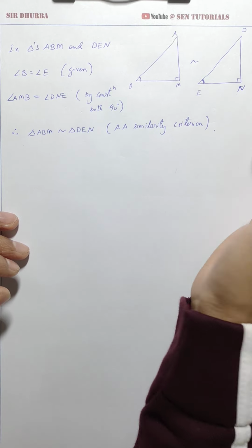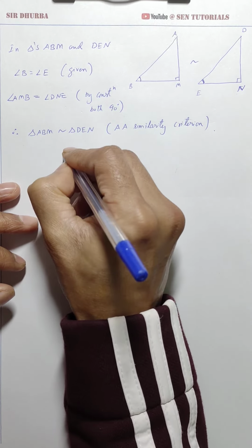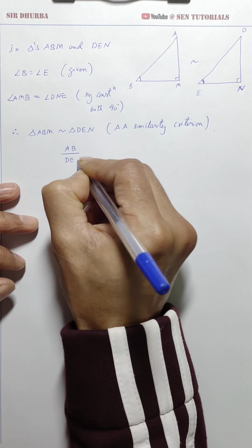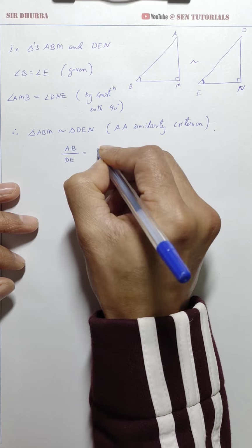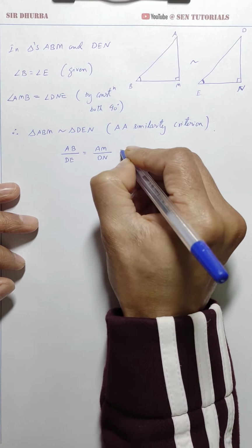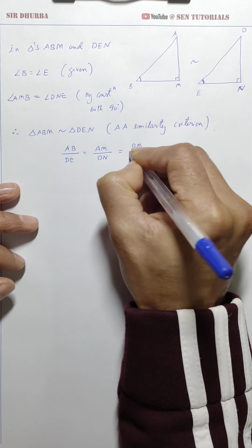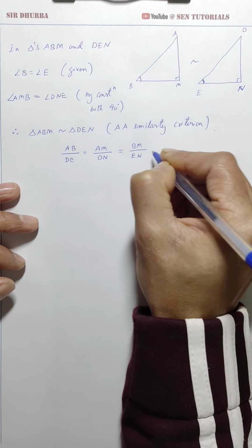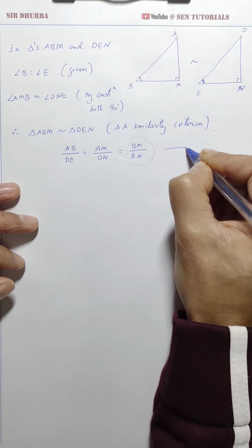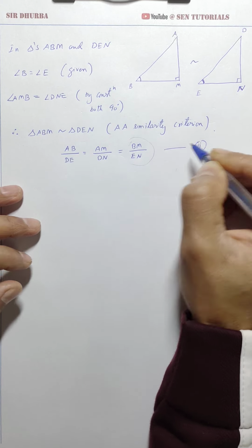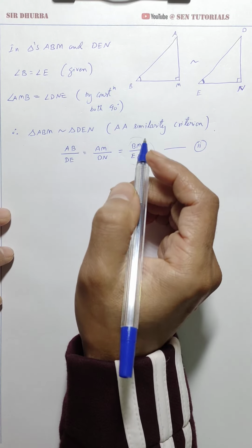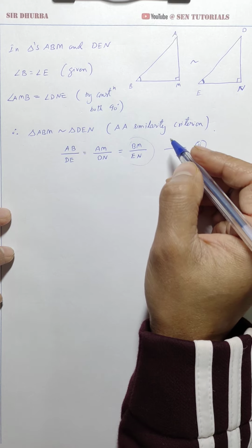Since we're dealing with sides now, their corresponding sides will be in the same ratio, AB by DE equals AM upon DN, and if we want to continue, even BM by EN. But this part is actually not needed for us, though some of you may wonder why it is not mentioned, so let me just mention it, and what is needed, we will just use that only.